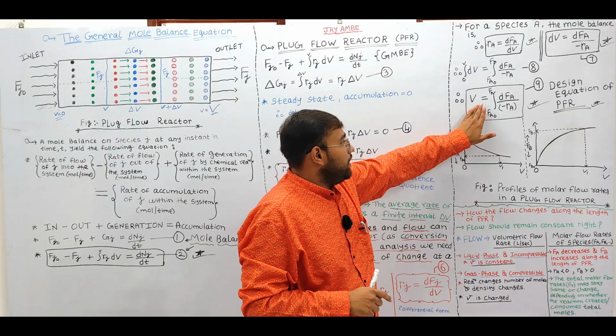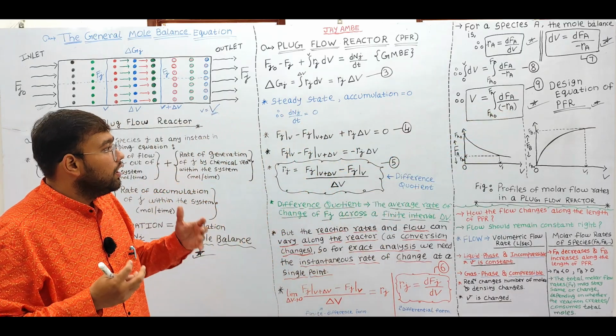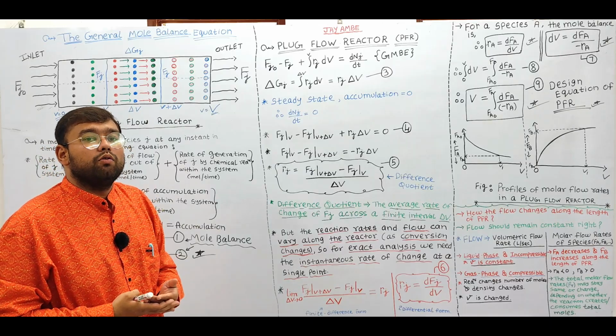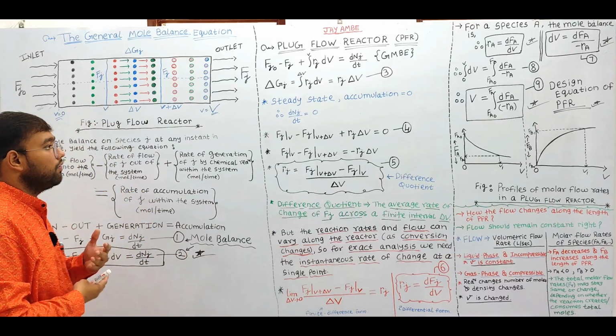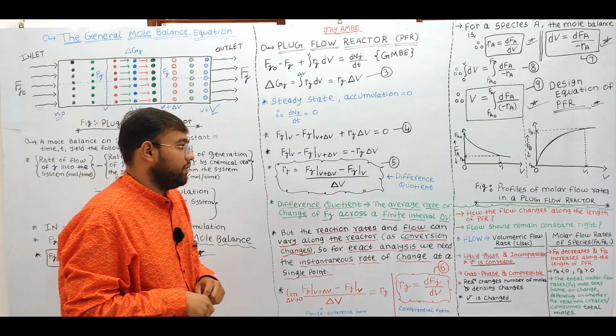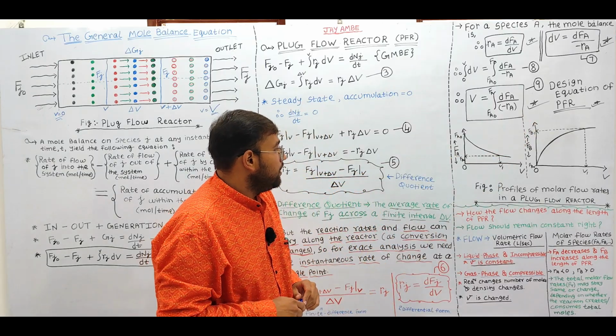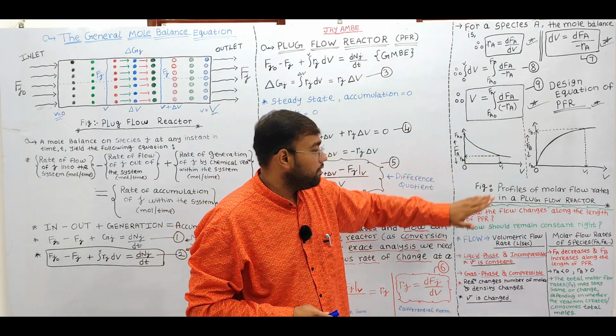By utilizing the design equation of the plug flow reactor, we can analyze the volume required to achieve the desired conversion. I hope you understood the design equation of plug flow reactors. Now let's understand the figure.